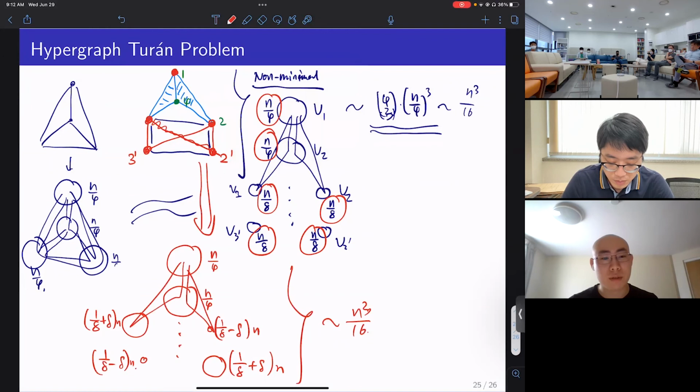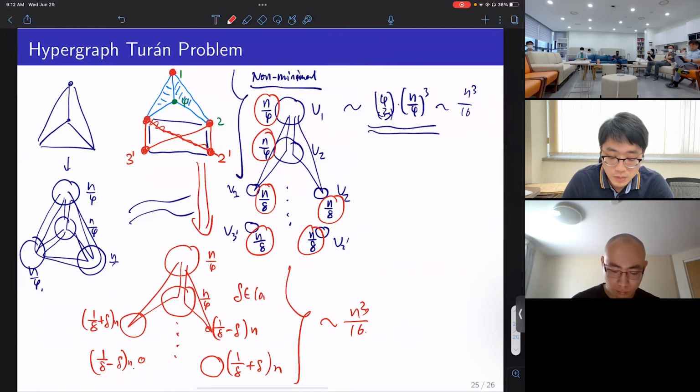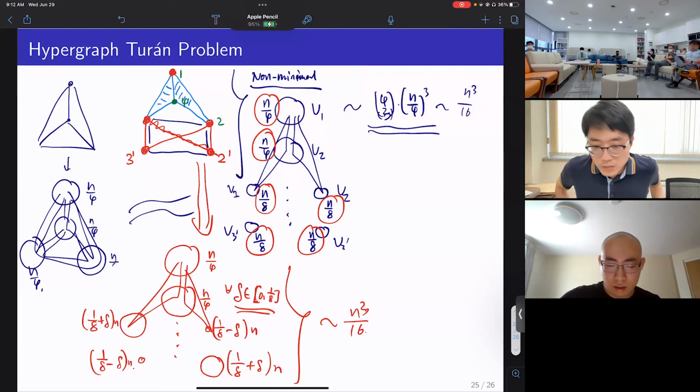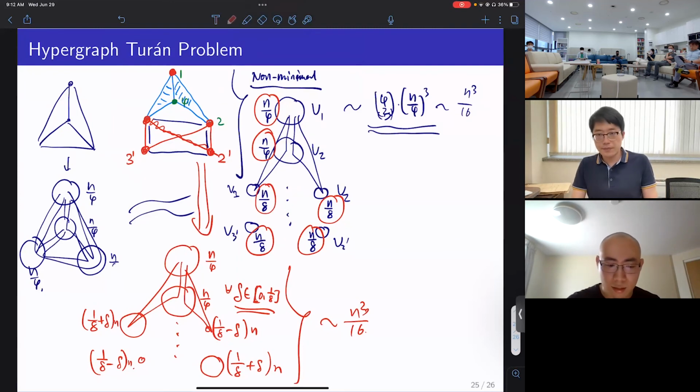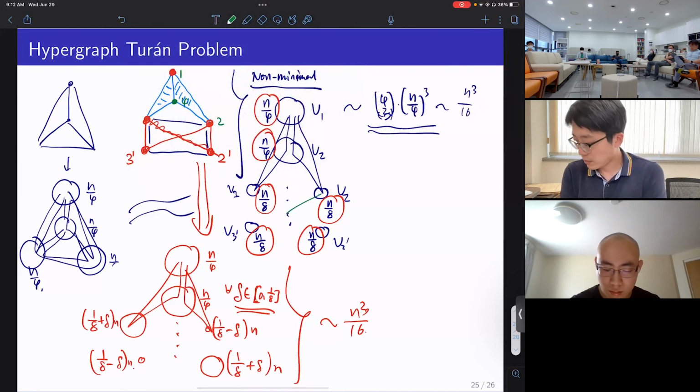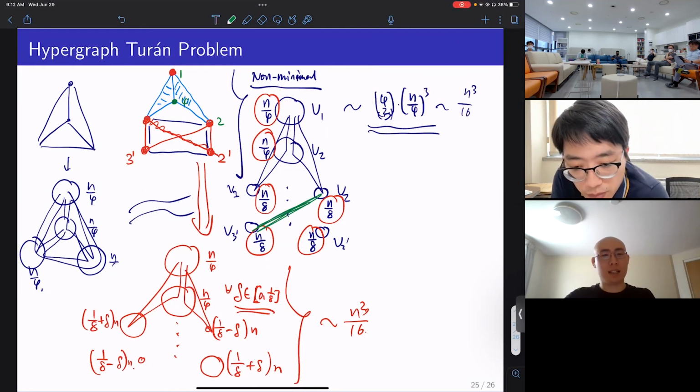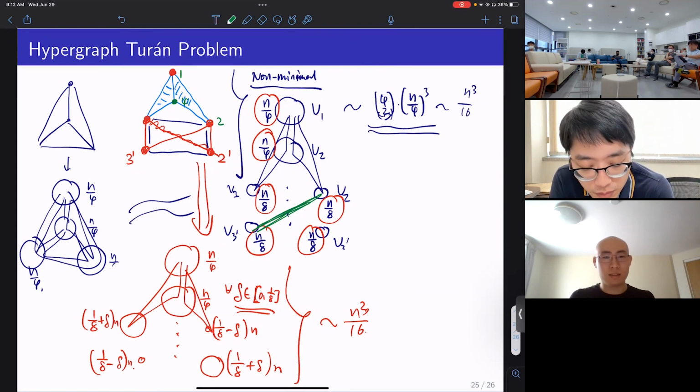Delta is any real number between 0 and 1. So the meaning is if you change the size of this diagonal pair, if you shrink the size of this pair, you do not change the number of edges in the blow up.